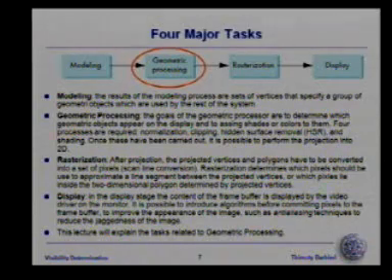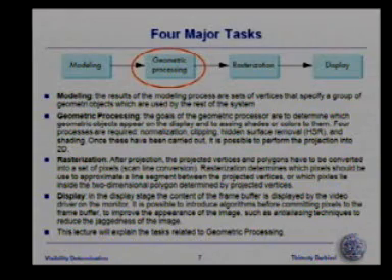Either way, you have to solve four main problems in a rendering engine. Modeling is deciding a way to represent the geometry of your problem. Geometric processing is determining which of these objects are to be visualized.